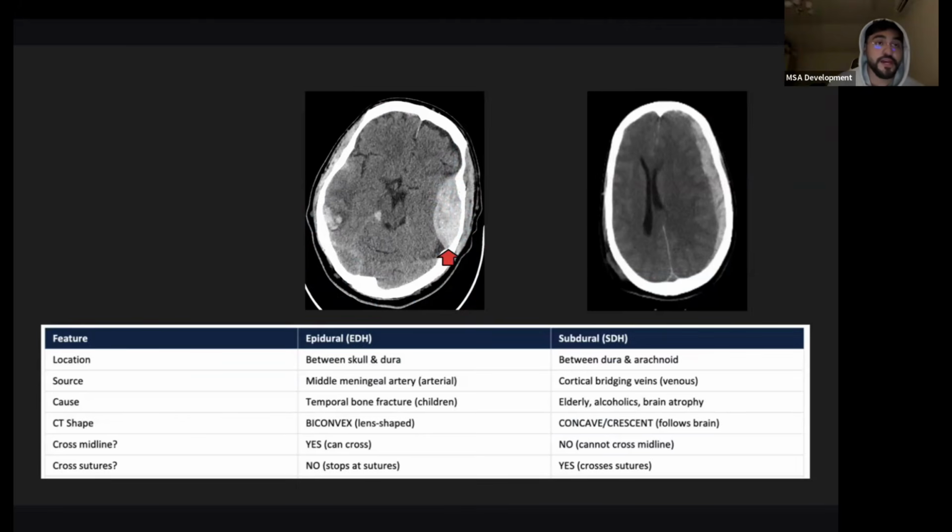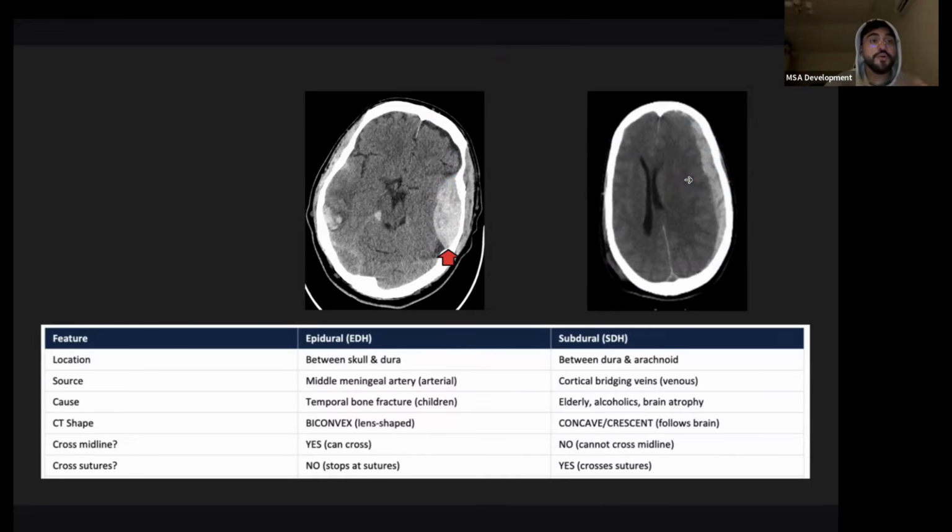I've repeated it like three times throughout the video. Usually it happens from temporal bone fractures, especially in children. It does cross the midline, so you need to know that, but it does not cross any sutures. Subdural is between the dura and the arachnoid, and this is due to bridging veins.